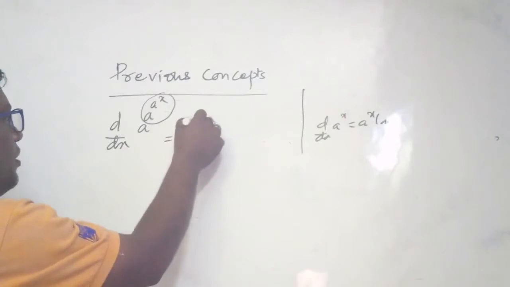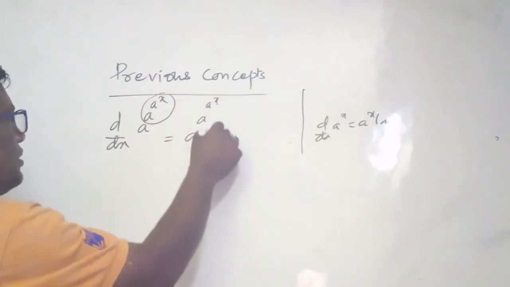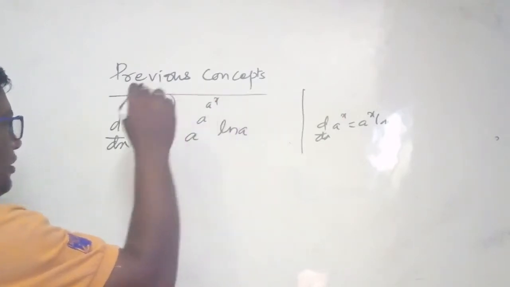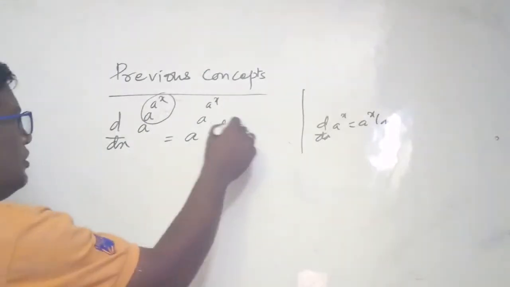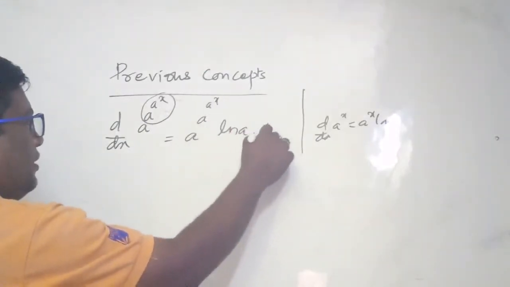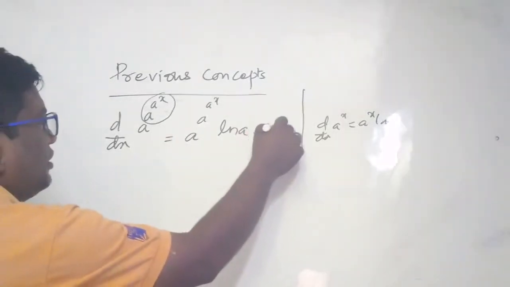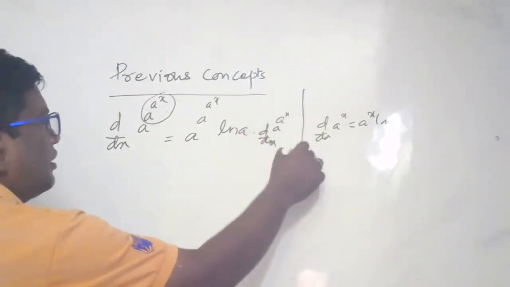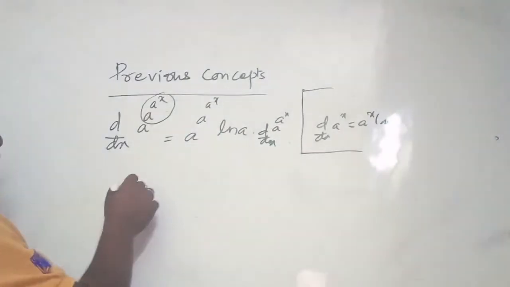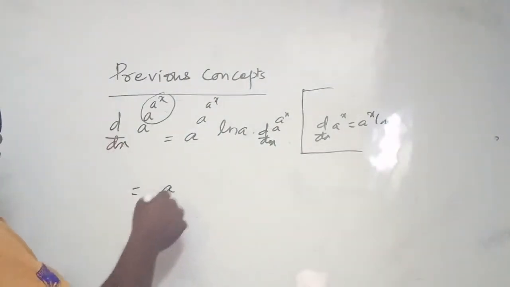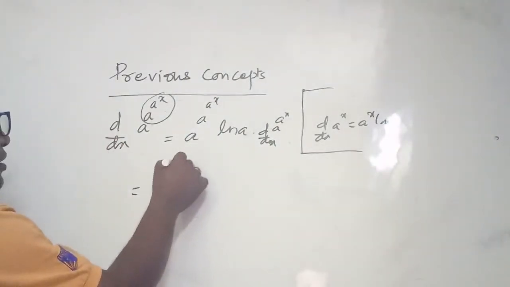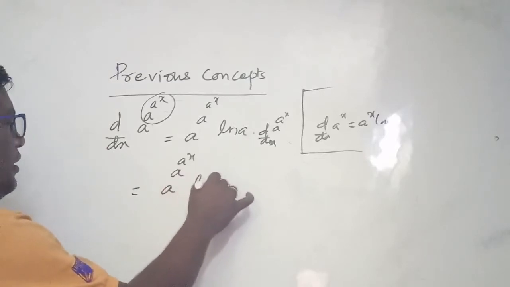A to the power a to the power a to the x into log a into d by dx of the term which we consider as x, a to the power a to the x. Clear? And this is equal to what? A to the power a to the power a to the power x into ln a.